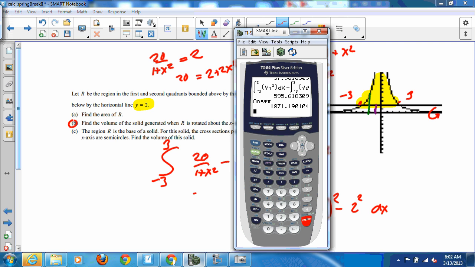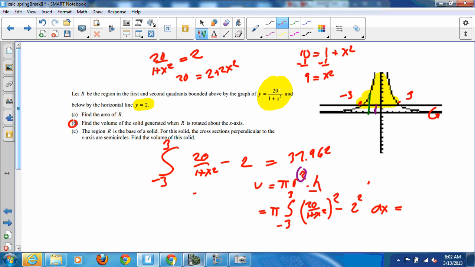And we're going to get quite a large number. 1871.190. Alright, not too bad. Just double check my notes, make sure that's the correct response for it.